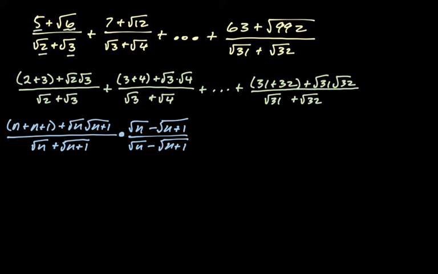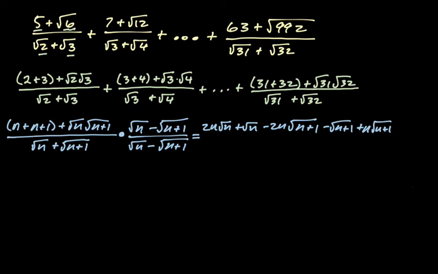At this point, I think I have to distribute. So I'm going to go through and distribute. You can watch that happen. I made it 2n plus 1 instead of n plus 1, so I'm distributing 2n plus 1 as I go. Here we go. So we'll get minus 2n plus 1 root n plus 1, and then minus root n root n plus 1, and then I have to distribute the root n plus 1 across.